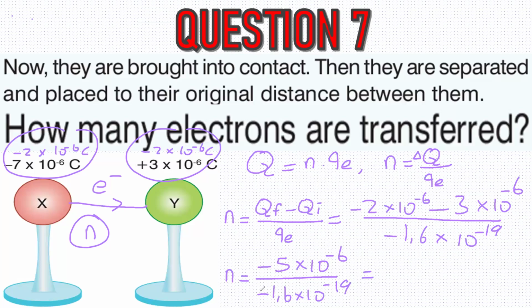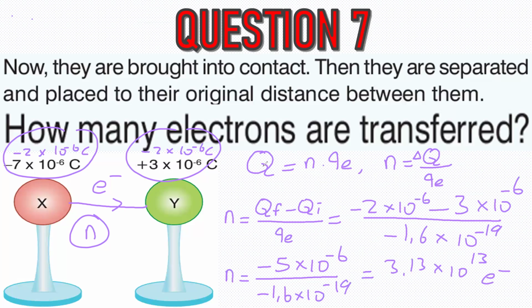If you have negative, you must use negative. All right, remember that. And then we can calculate 5 over 1.6, and then we are getting 3.125 times 10 to the power of 13, right? Yeah, 13, unit electrons. The number of electrons transferred, we calculate like this.